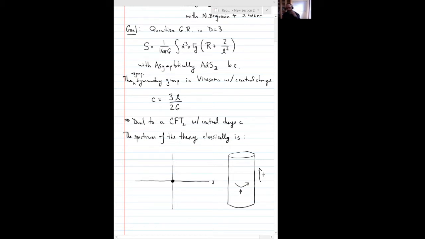In this case, I chose to write my cosmological constant as minus 2 over L squared, where L has dimensions of length. So you would identify L as the curvature radius or the length scale associated to anti-de Sitter space. Great. Thank you. Please let me know if there are any other questions.